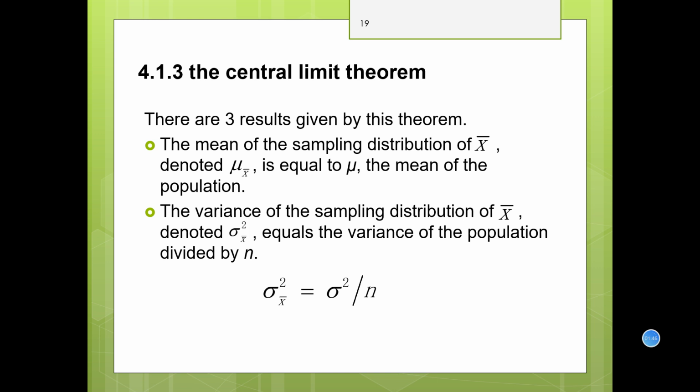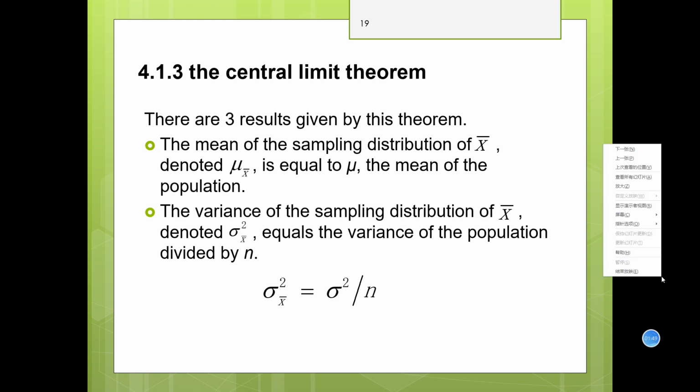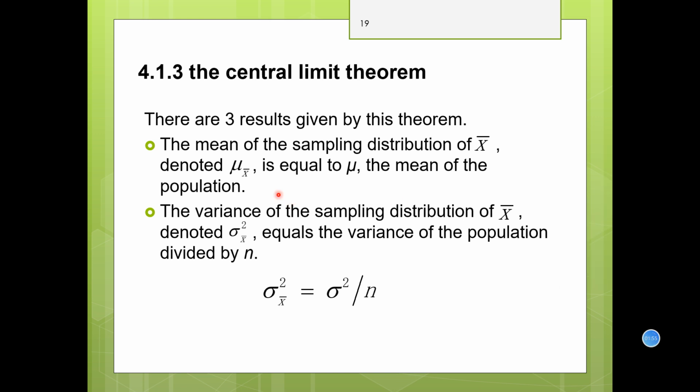If we use mu x bar to represent the mean of x bar, we will find that mu x bar is equal to mu. So that is the same as what we explained, that x bar is symmetric about mu. So this is the first result we can get from the central limit theorem.